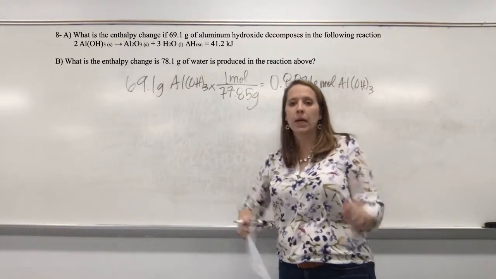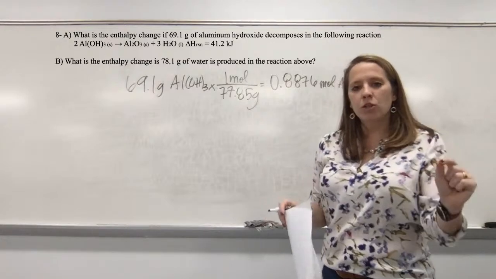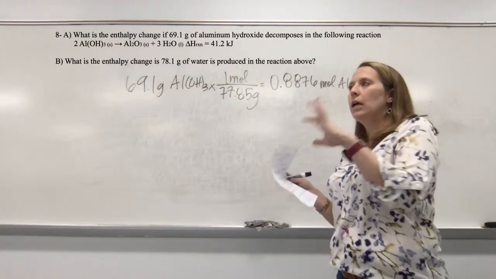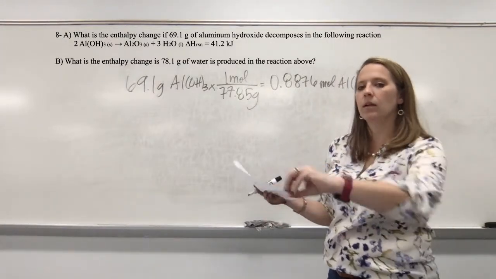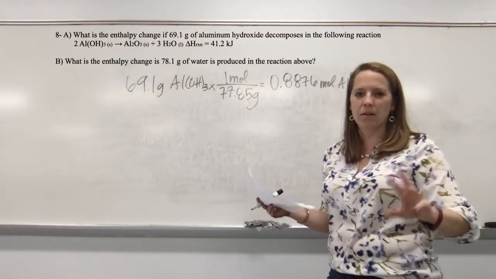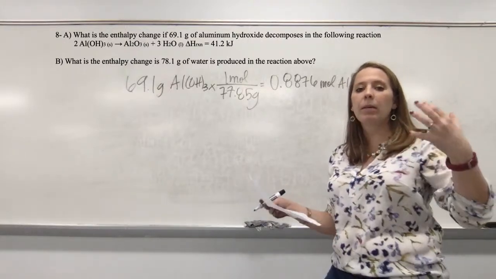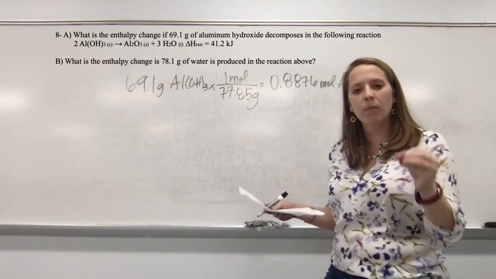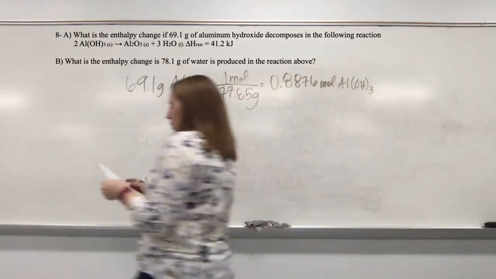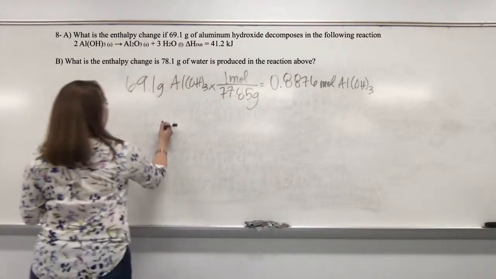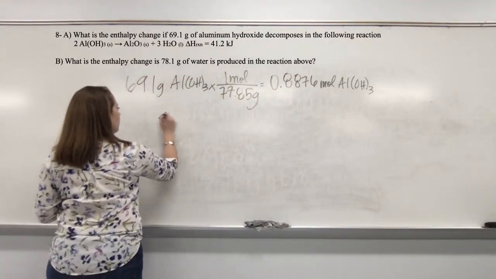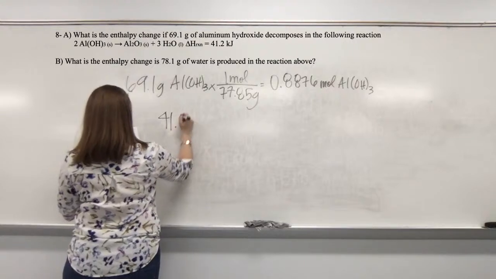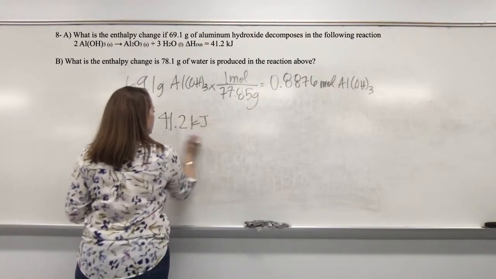Good first step. So now it's asking about the change in enthalpy. If you remember from the video, it kind of ends, not on a cliffhanger, because I'm not that fancy, but it basically says it's per anything in the problem. So what does that really mean? So our delta H is 41.2 kilojoules.